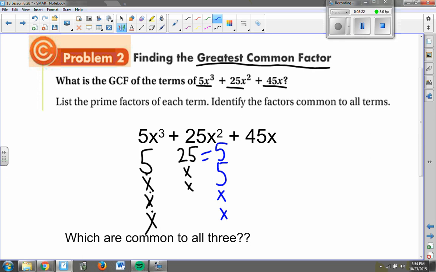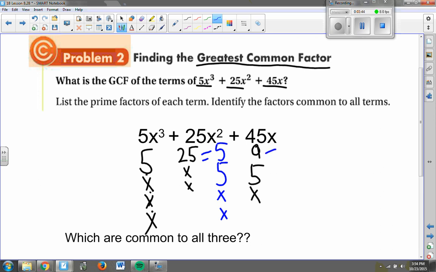Right. And lastly, I have 45 times x. So I know there is one x involved there. And I know that 45, or at least I hope we know, that 45 is 5 times 9. But now 9, I think I can factor again, correct?